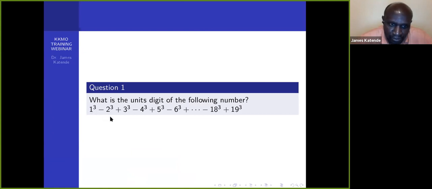The number is 1 cubed minus 2 cubed. The signs are alternating, negative, then plus, negative, then plus, and so on. If you have any ideas, feel free to share.